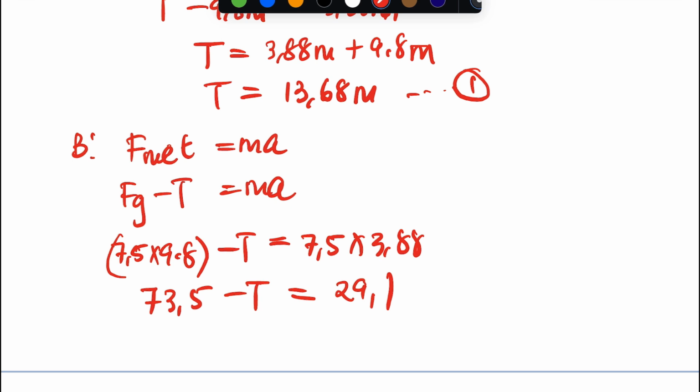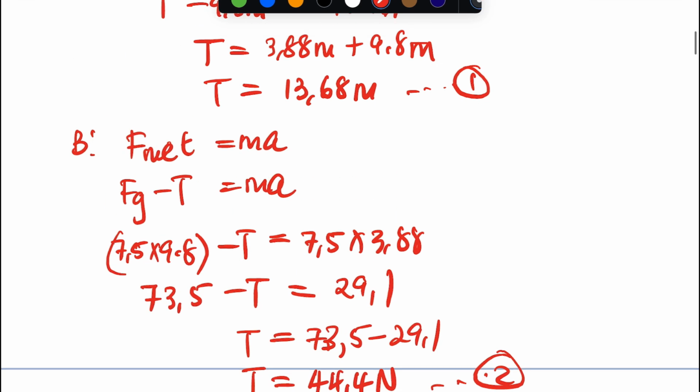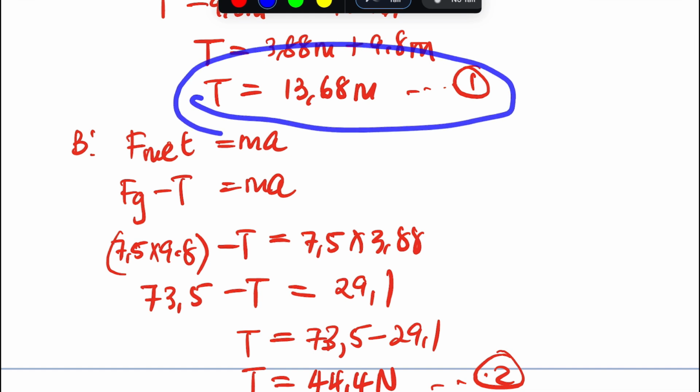We'll take the T to that side, so we'll have 73.5 minus 29.1. Our tension force is 44.4 newtons. That's equation 2. So now we have these two equations, 1 and 2.